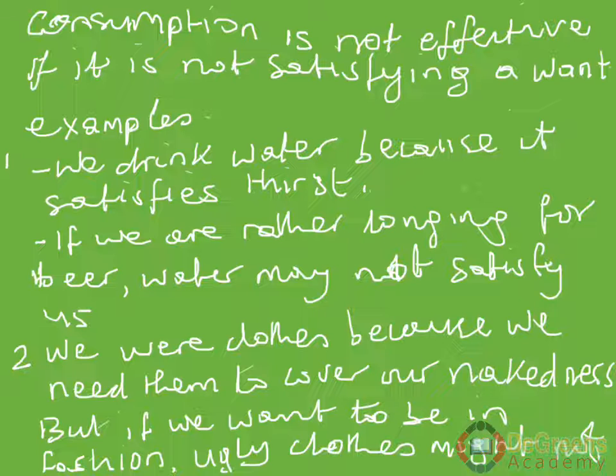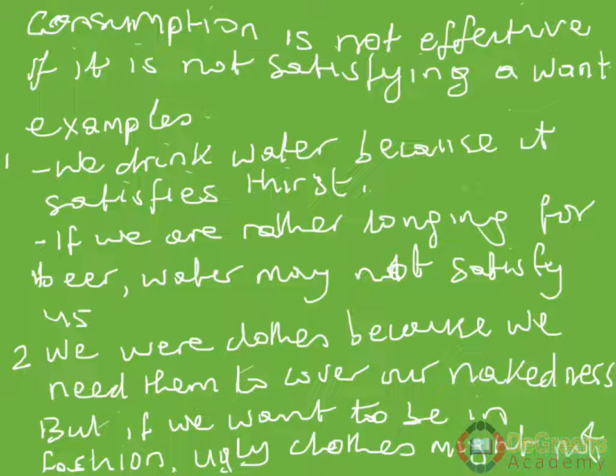So if it is not satisfying a want, it is not effective at all. We can give you examples. We drink water because it satisfies taste, which is a want. And then we need to look at this other aspect.